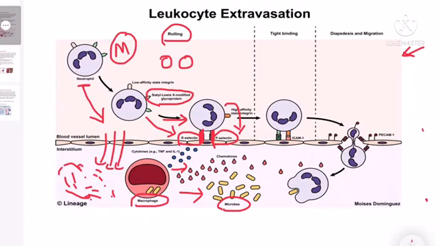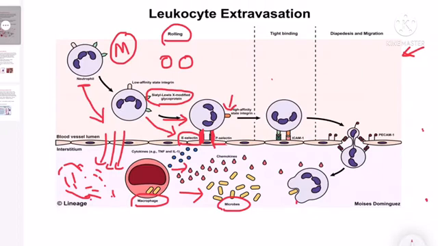After some time, a bond forms between ICAM-1, intercellular adhesion molecule 1, and the receptor present on the neutrophil, which is the integrin. The orange one is the integrin, the high affinity state integrin.